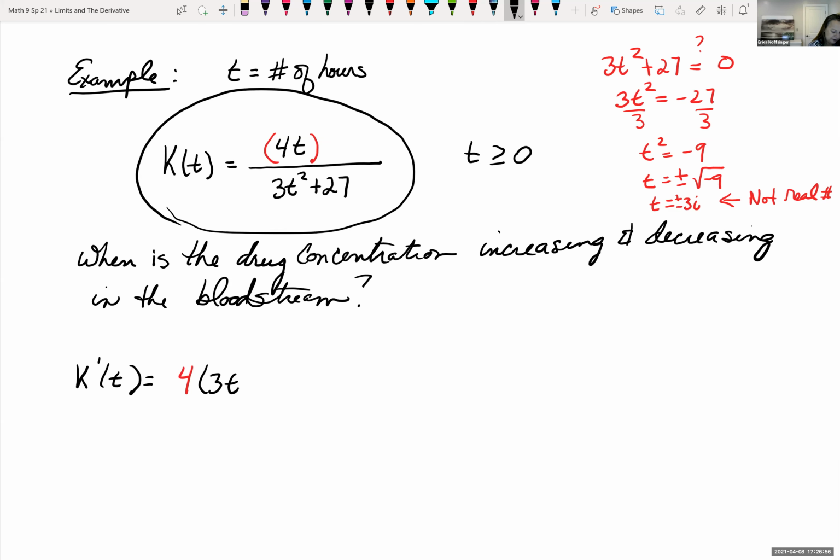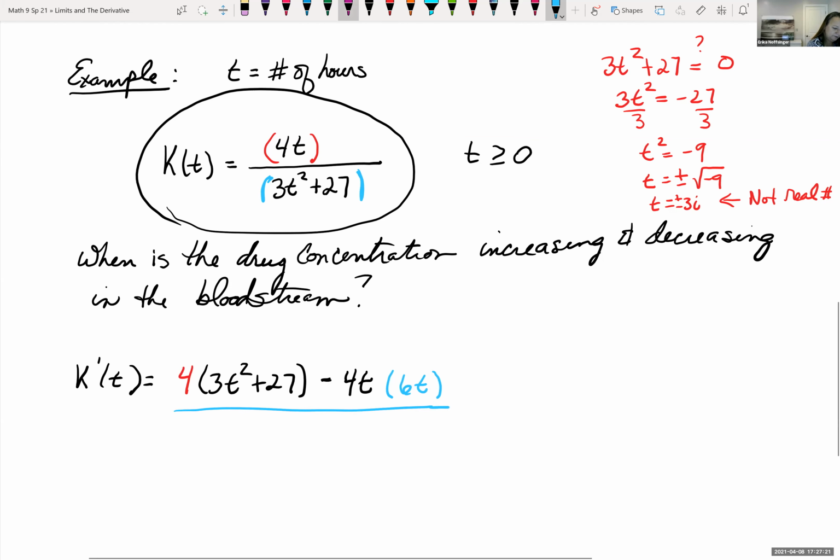So put parentheses around 3T squared plus 27, minus my numerator, which is 4T, times the derivative of this denominator. The derivative of 3T squared is 6T, and the derivative of 27 is 0. Then we put this whole thing over the denominator quantity squared, 3T squared plus 27 quantity squared.